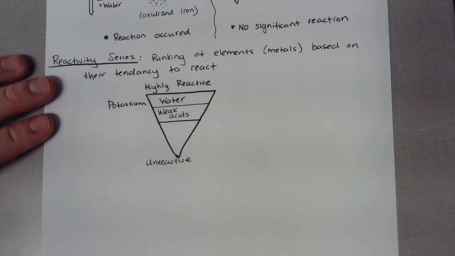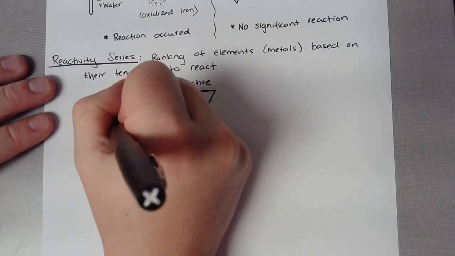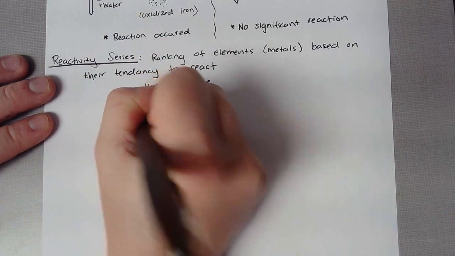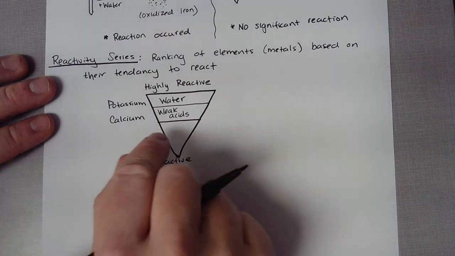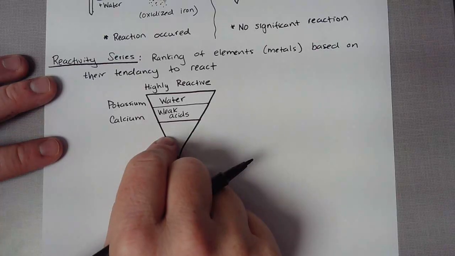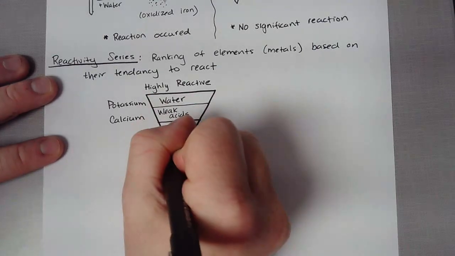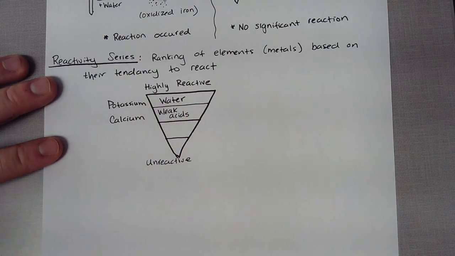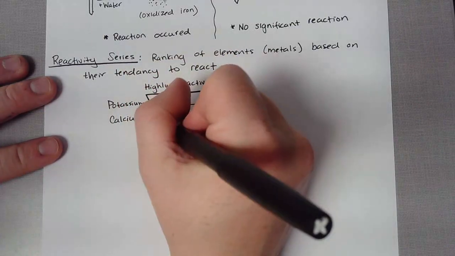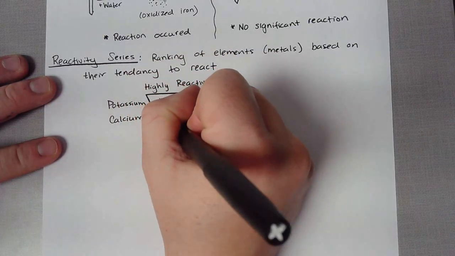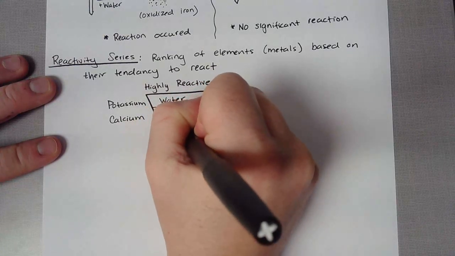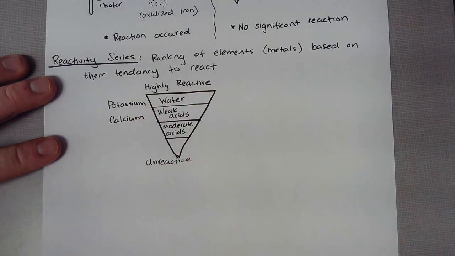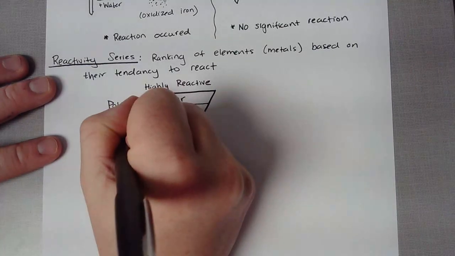Those would be elements like calcium. And then farther down the list, we get relatively stable metals. So they might only react with moderate acids or other chemicals with a moderate strength. And these are going to be a lot of the transition metals like tin.